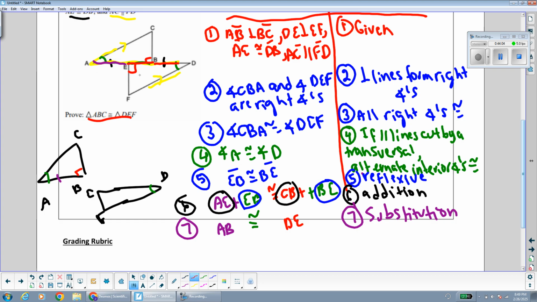The right angle is at angle E. I'm like, why is it not in between? And now you can clearly see that what we have is ASA. Angle, side, angle.